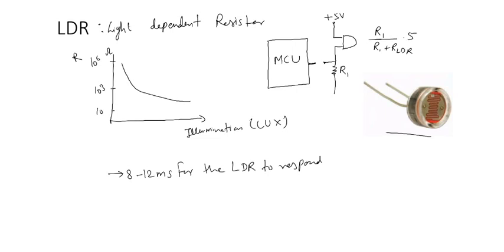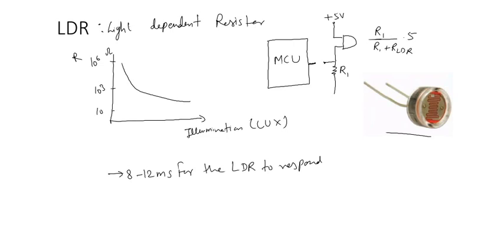You know that after applying light, the resistance value of the LDR will change, so you can decide the value of R1 accordingly, depending on how much change is coming. To fix that change, you can fix the value of R1. This is how we can interface LDR with the microcontroller.